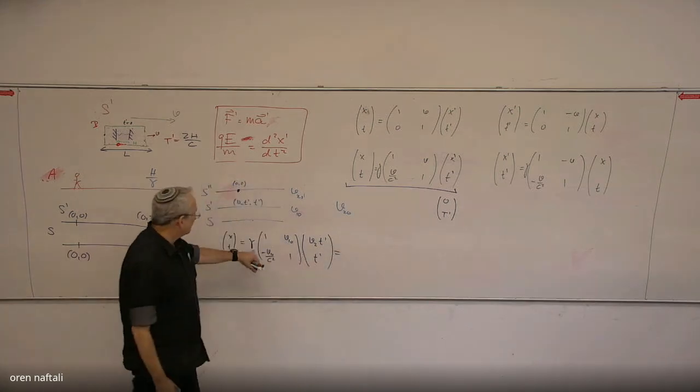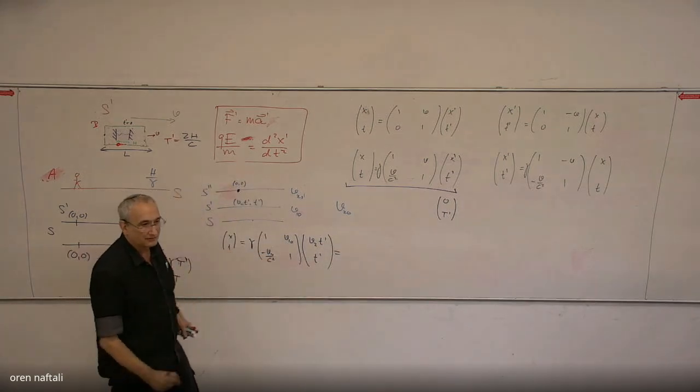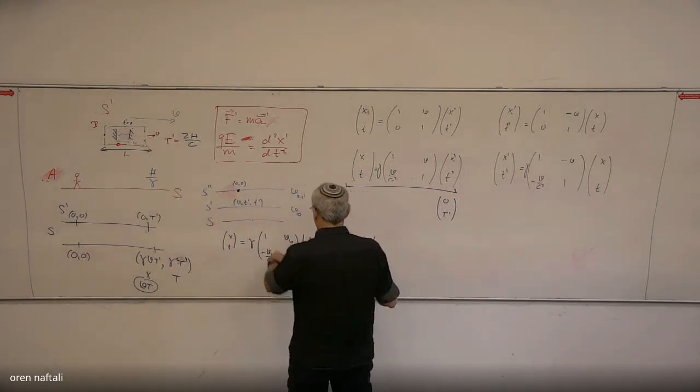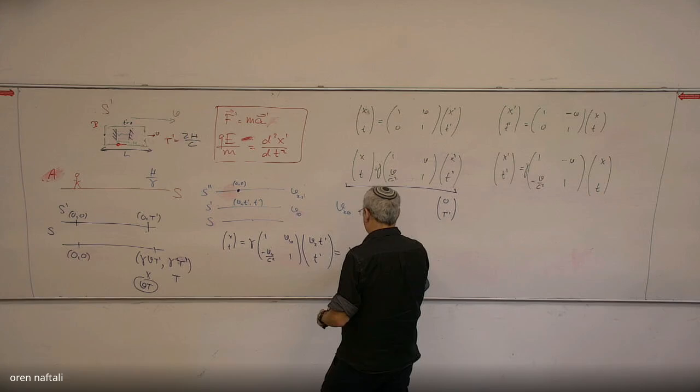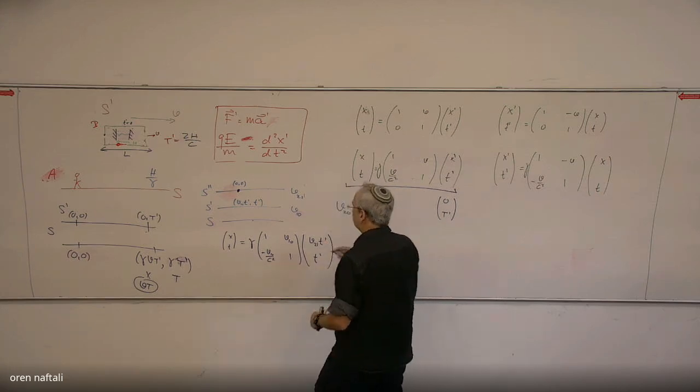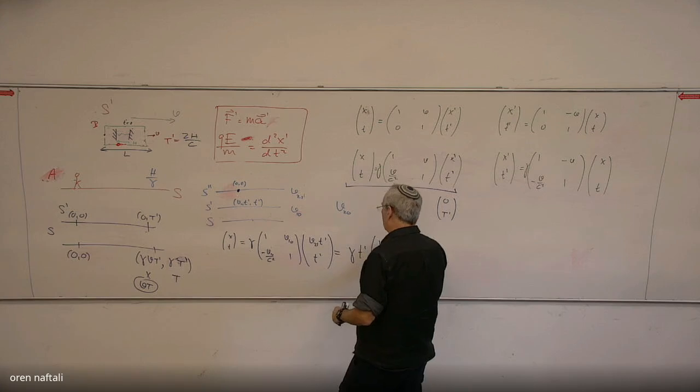Note that the gamma and the t prime are going out. So we have gamma times t prime times v21 plus v10.